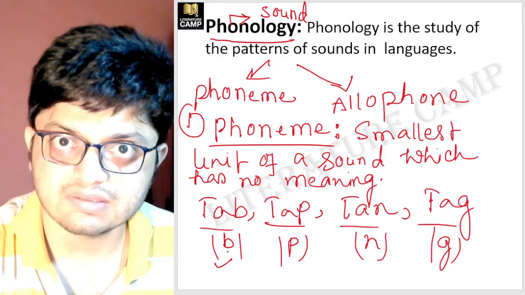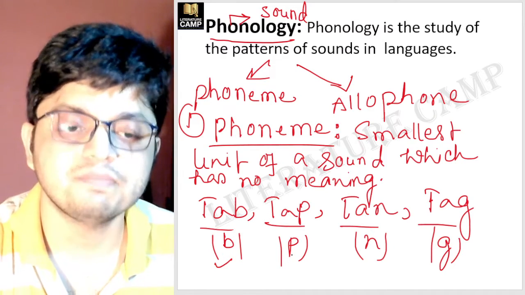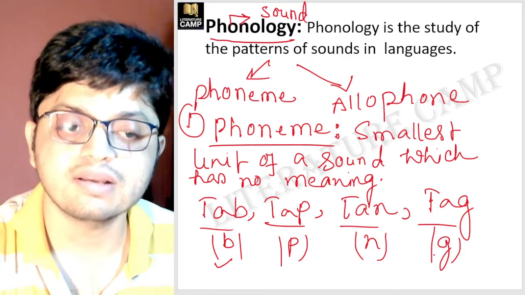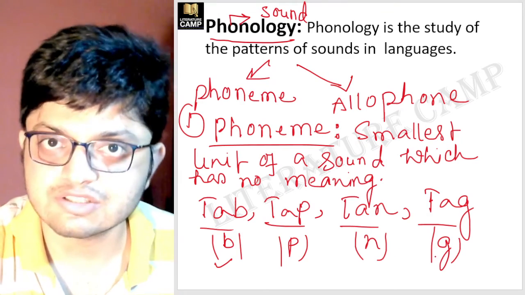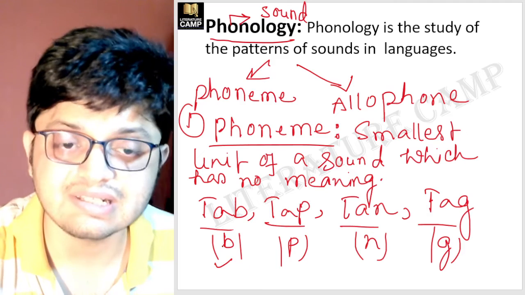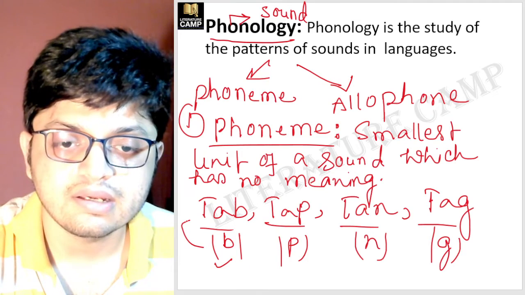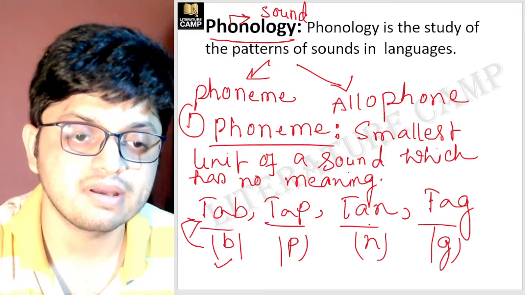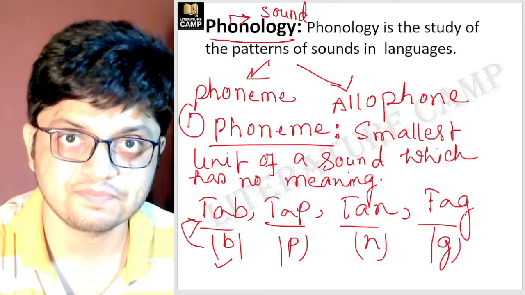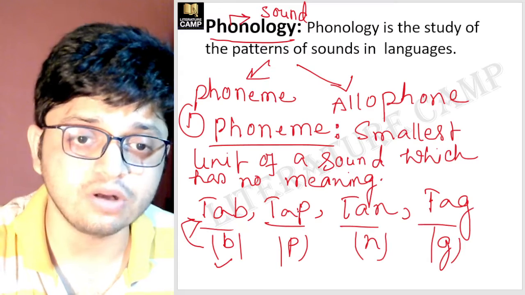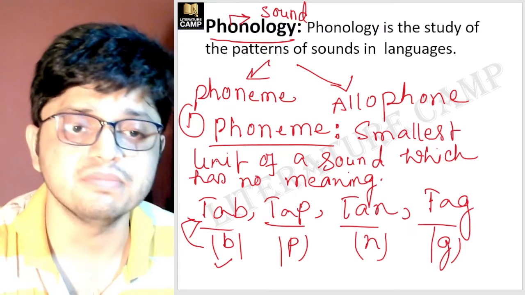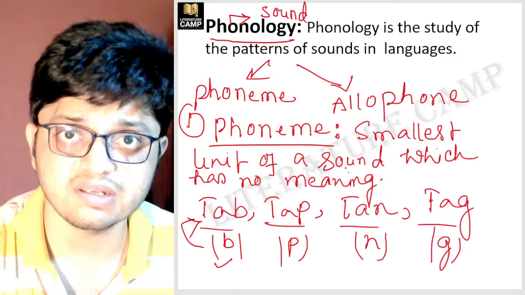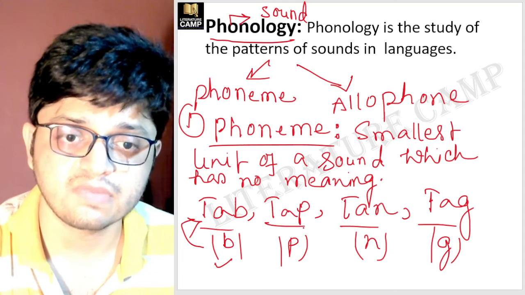The sound b, or pa, or na, or ga does not have any meaning, but it is creating meaningful difference in the sound. Tab, tap, tan, tag. All right. So this is called phoneme, and there are 44 phonemes in English language.